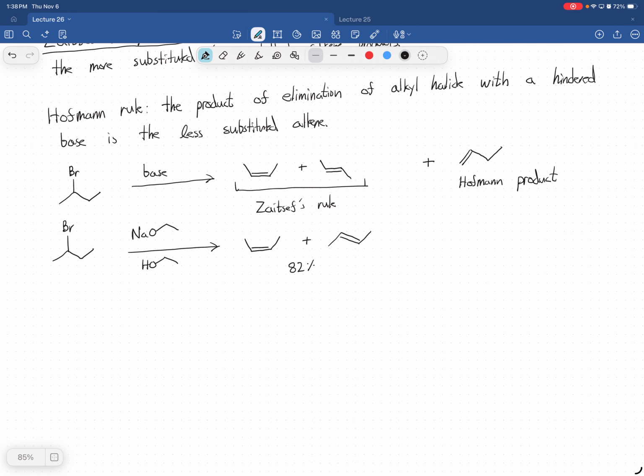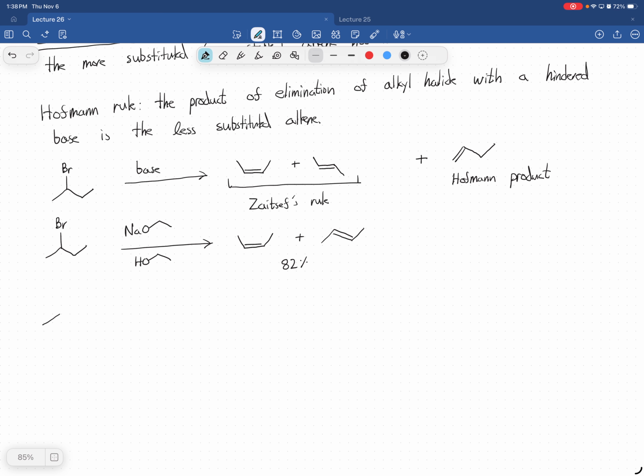But now let's change the base in a different example. Let's use potassium tert-butoxide. If you use potassium tert-butoxide, LDA, or sodium tert-butoxide, the product will be the same. You're going to get the least stable alkene, which is this one, 78%.